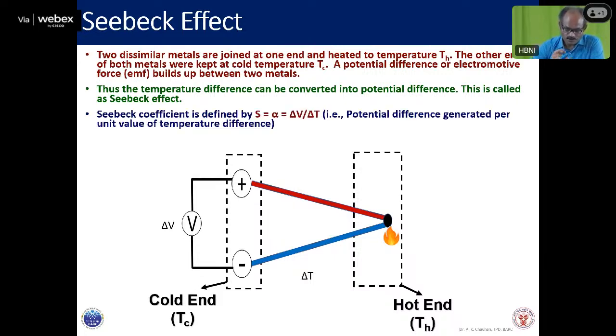Now we define a coefficient called the Seebeck coefficient, which is the value of delta V, meaning how much voltage has been generated, divided by delta T, how much temperature gradient you have applied. So the Seebeck coefficient is the voltage difference generated per unit temperature difference.